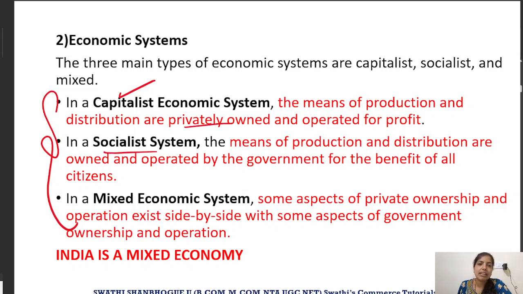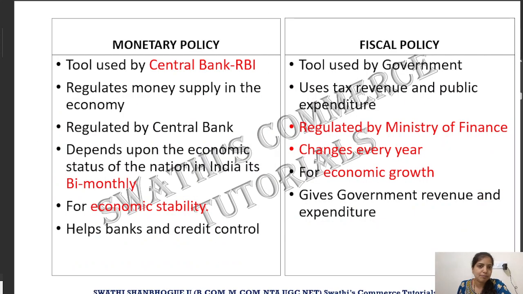And then we read about the socialistic economy, where we also call it as a non-market economy, where the means of production are in the hands of government. And the last type of economic system was a mixed economic system, where the means of production are shared by two groups, that is your private ownership as well as your government ownership. And the best example you can give for this type of economy is India.